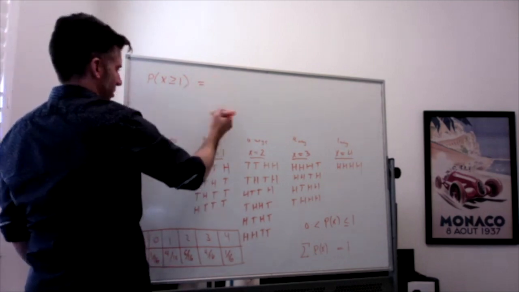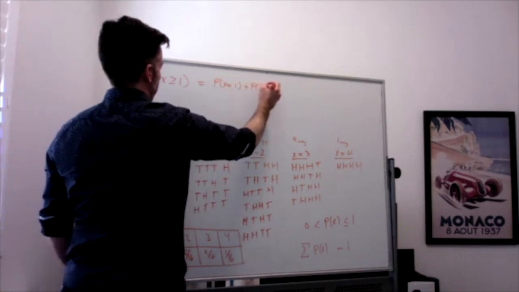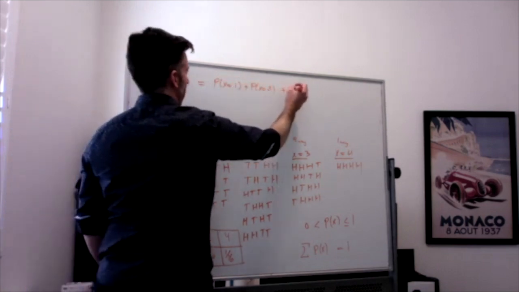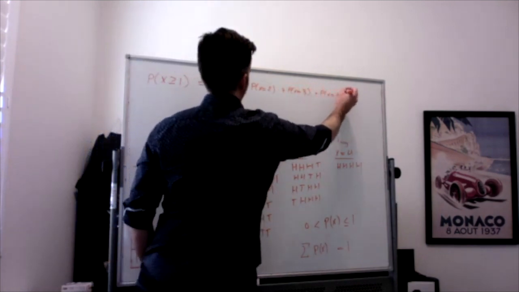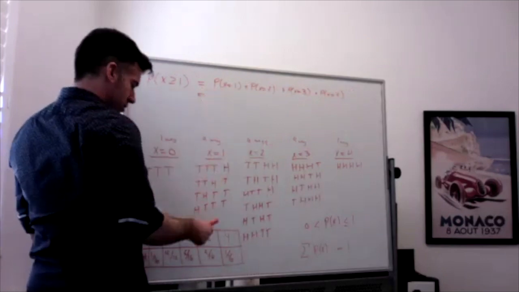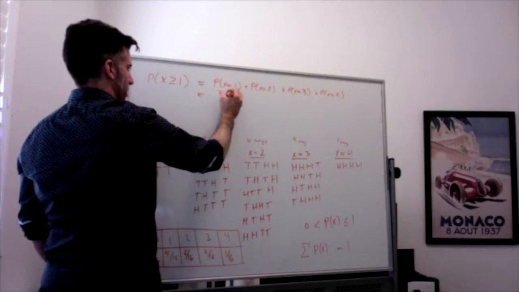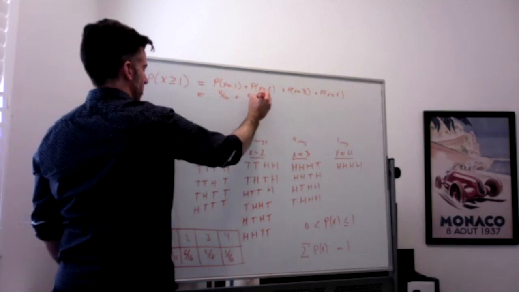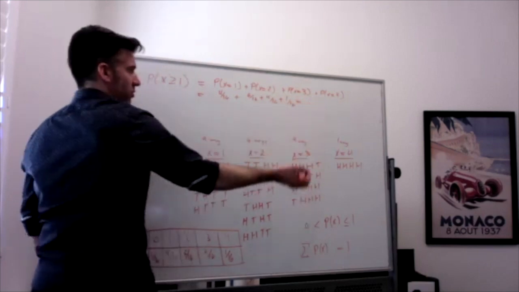A long way is to say, well, that's the probability that x equals 1 plus the probability that x equals 2 plus the probability that x equals 3 plus the probability that x equals 4, which is 4/16 plus 6/16 plus 4/16 plus 1/16, which is equal to 15/16.